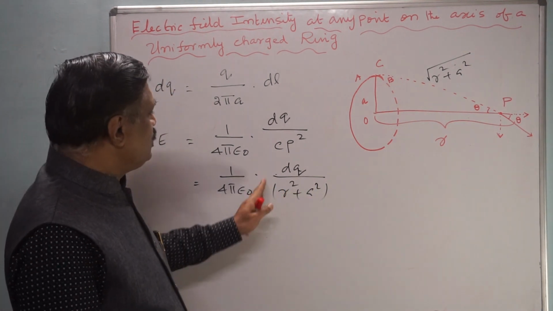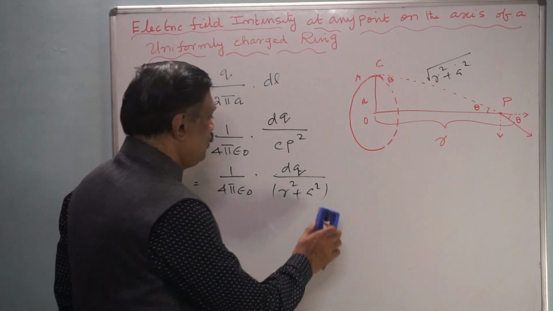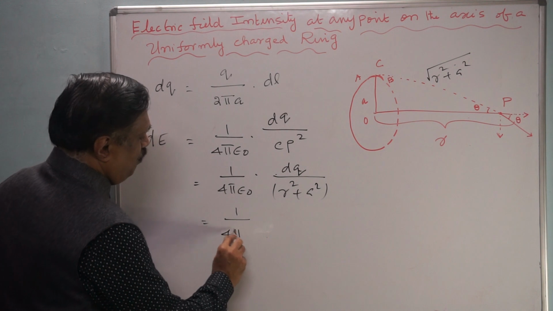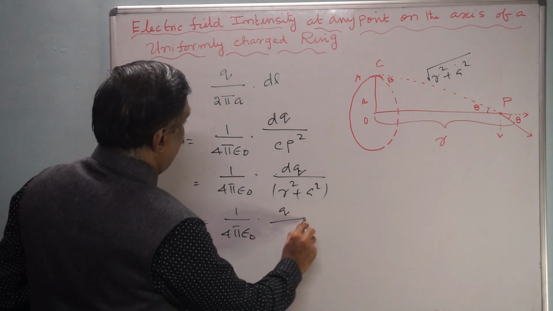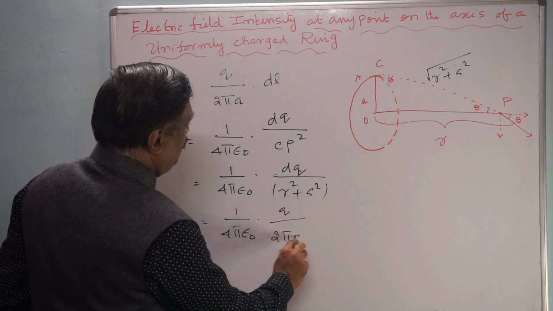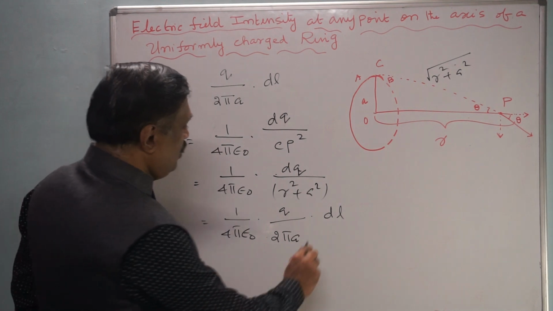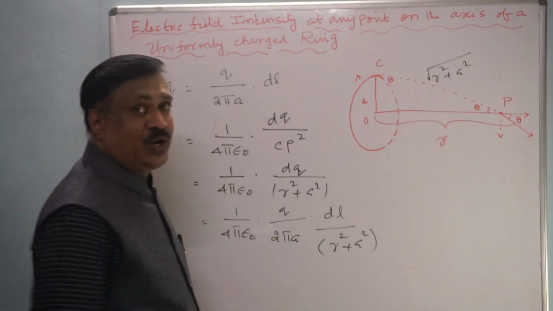Now you can substitute for this dq. If you substitute, then 1 by 4 pi epsilon 0 q divided by 2 pi a into dl, divided by r squared plus a squared.